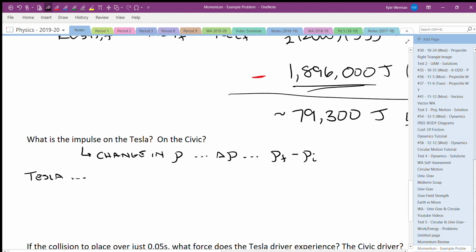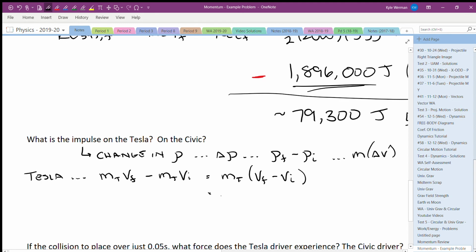The momentum at the end would be its mass times the final velocity, and the momentum at the beginning would be its mass times the Tesla's initial velocity, which is simply the mass of the Tesla times its change in velocity, right? V final minus V initial, which lo and behold would be m times delta V, right? The change in velocity. And let's plug in what we have.